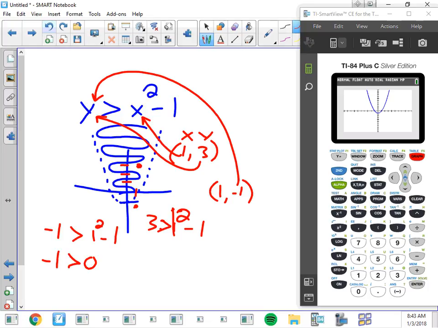Would you rather have -$1 or $0? You'd rather have $0, right? You'd rather not be in the negatives. So this point was a yes, and this point was a no. So any point inside this shaded area is part of the solution.